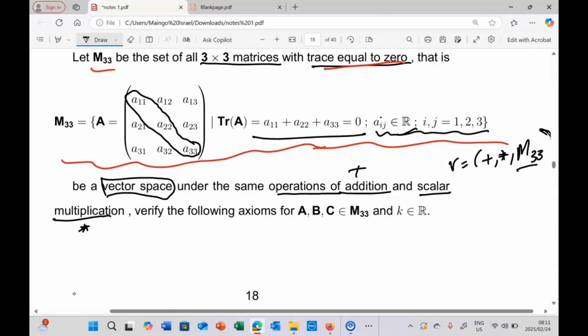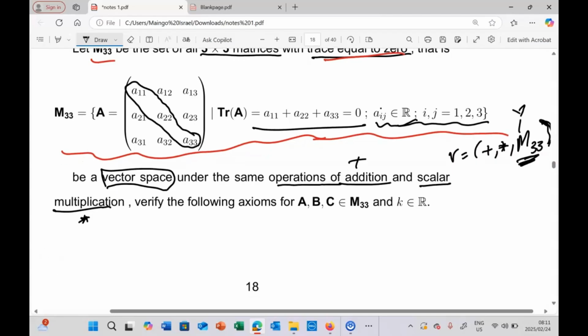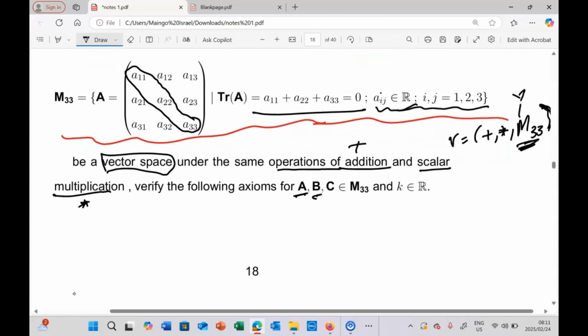Specifically, we're dealing with these 3 by 3 square matrices. So verify the following axioms for all A, B, C belonging to M33, which is the set of 3 by 3 square matrices.